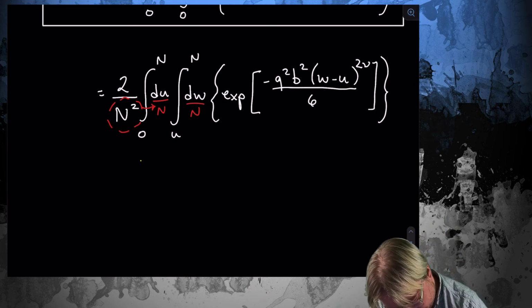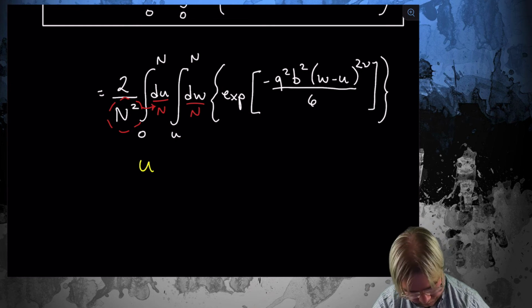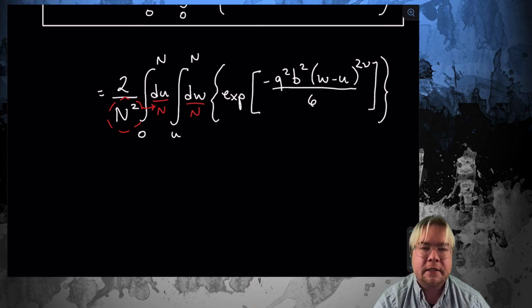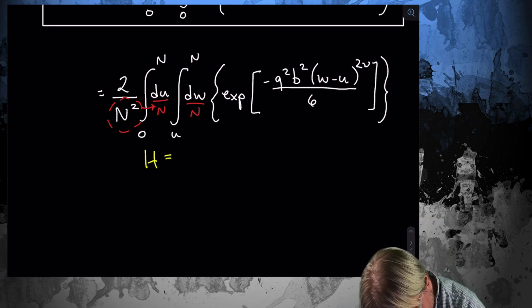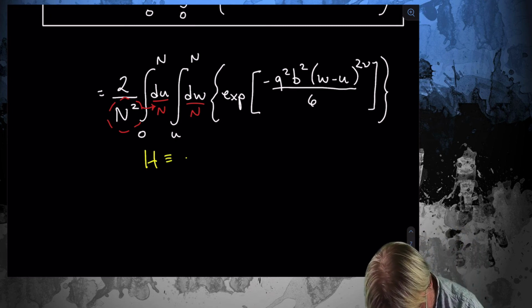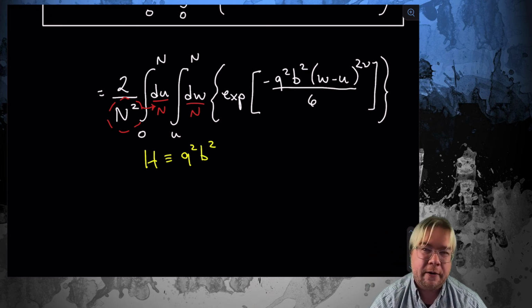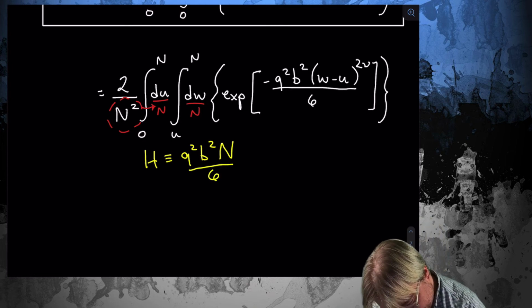Second thing we'll do is we'll define, let's not call it u, it's too many u's, let's call it capital H. We'll define this as being q squared b squared N, the degree of polymerization of my chain, divided by 6.